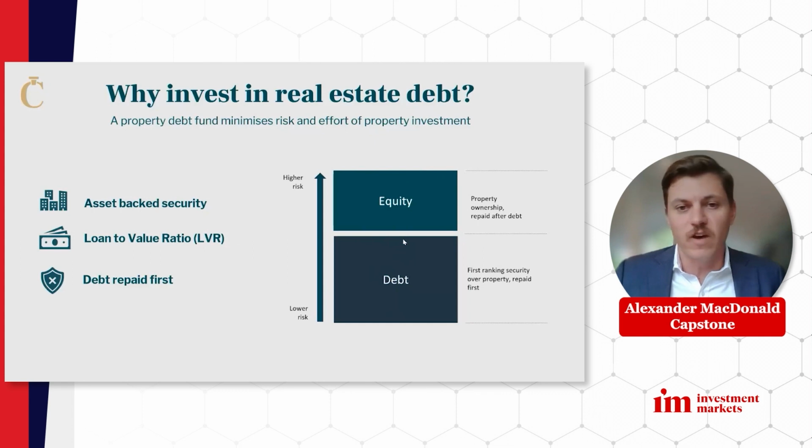So debt investments don't tend to outperform or underperform like equity, where that top level might dramatically change in value. Debt investments tend to be static and consistent, and because of the underlying value of the security, relatively less risk than equity, and more sure that the investment will be repaid in full.